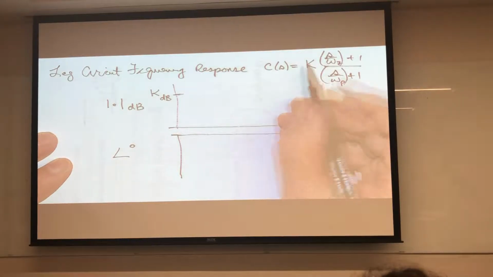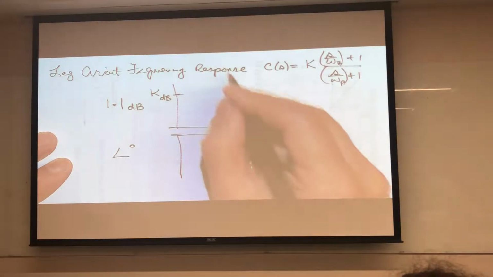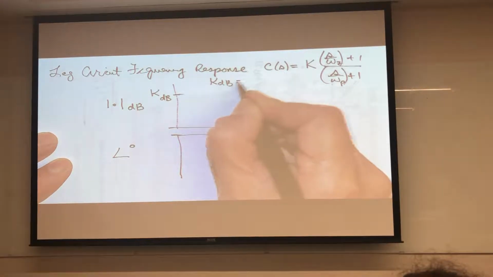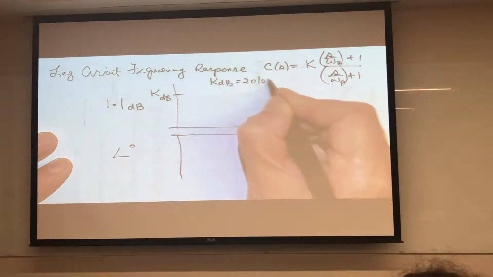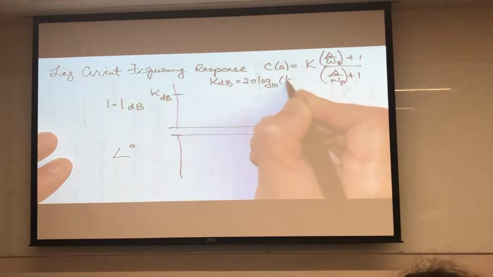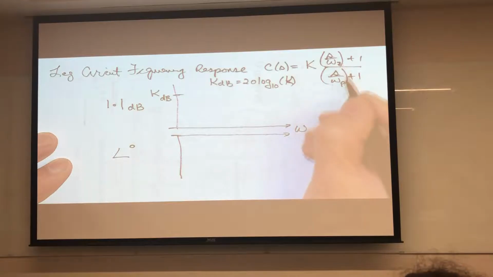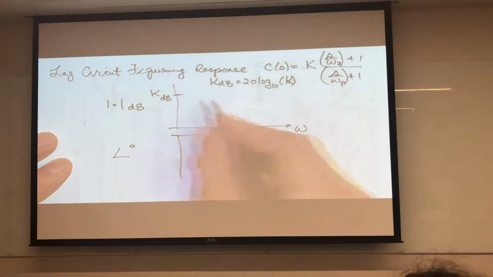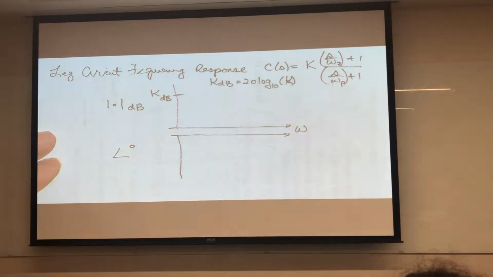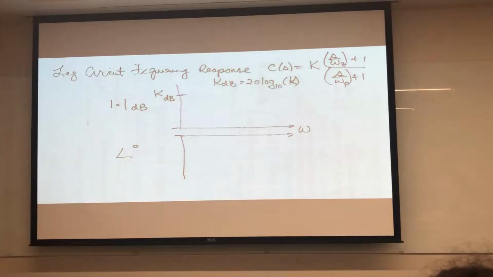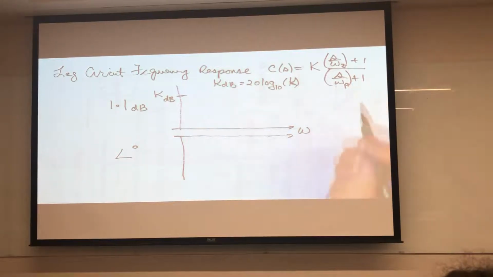This is not in dB. We have to express it in dB. So remember that K in dB is 20 times the log base 10 of K. Okay. When we do design, we do design of K, omega Z, and omega P. But on the Bode diagram, things are expressed in dB. So if K is equal to 10, this is the number 20, and so forth.